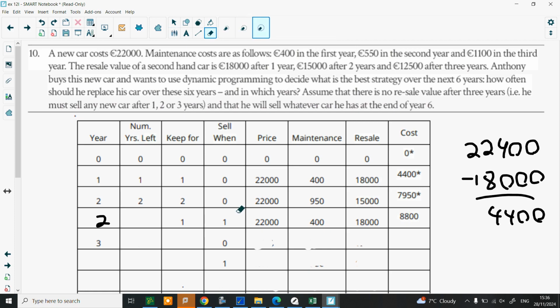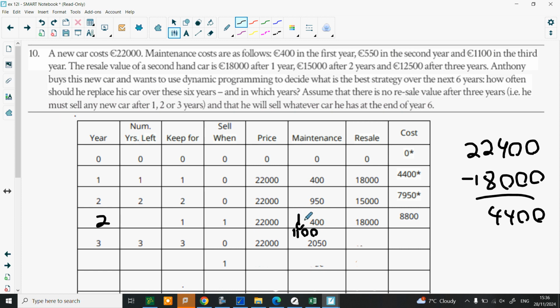Now, 3. You have 3 years left on your clock, yeah? You're going to keep it for all 3 years and sell it at the very end. That means 22,000, 3 years of maintenance, which is, oh, actually, wait a second. That's 1,100, yeah?